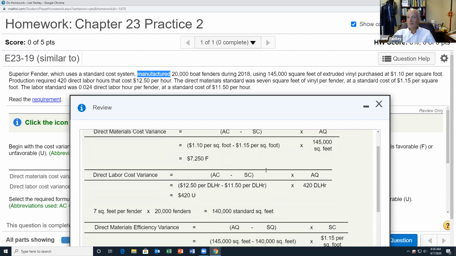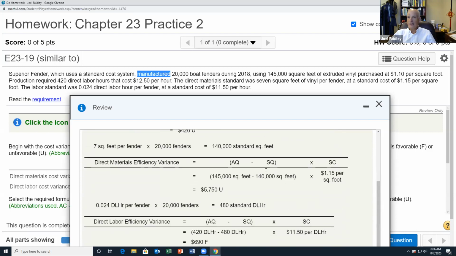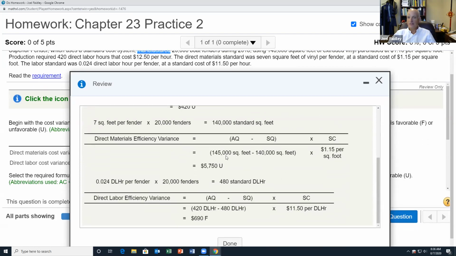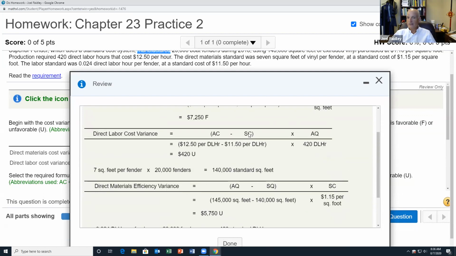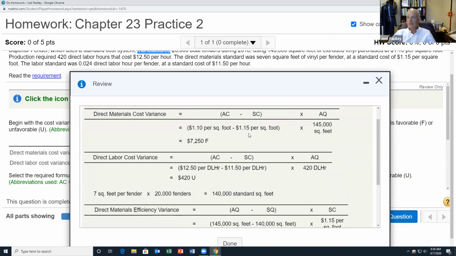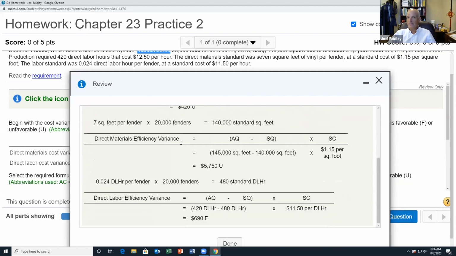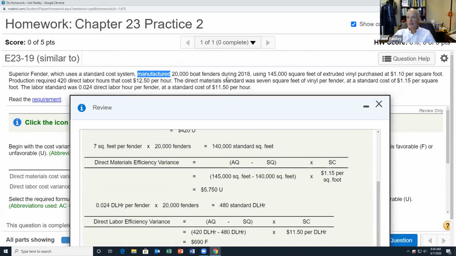Maybe it's shoddy material. If you go down to the efficiency side of it, 145,000 minus 140,000. See, they don't do what I just said. They don't break it out between material and labor. They do the cost variance on both. But let's do what I said there. Let's go down here and look at 145,000 square feet minus 140,000 times $1.15. The standard is $5,750 unfavorable because I used a lot more square footage than the standard allows.